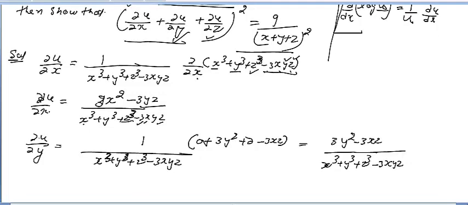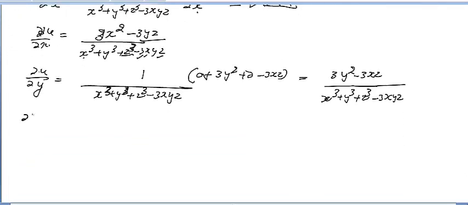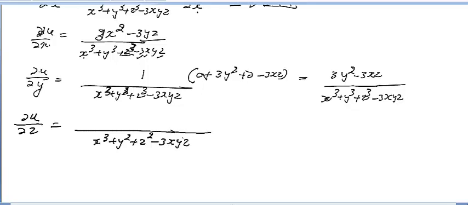Now in the same way you can find the derivative of u with respect to z. So this will become 1 over x cube plus y cube plus z cube minus 3xyz. The challenge is only the derivative. If you know the derivative, then things are okay. Now you are finding the derivative with respect to z.